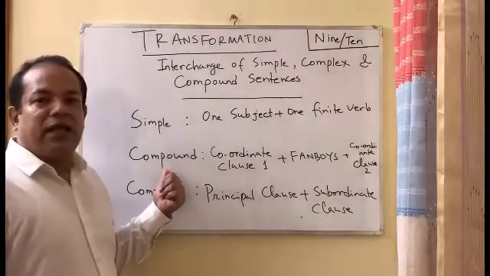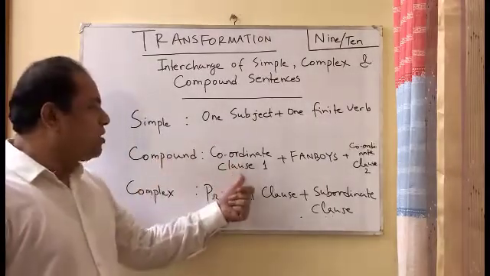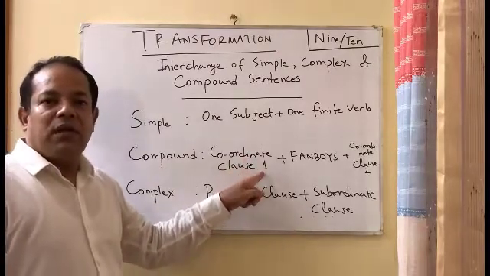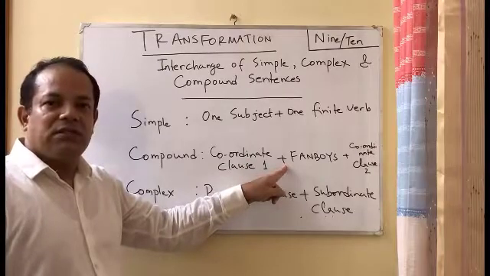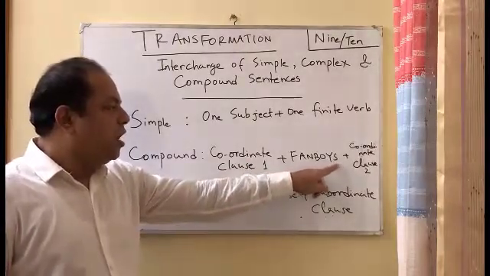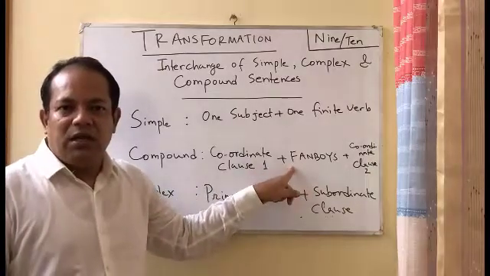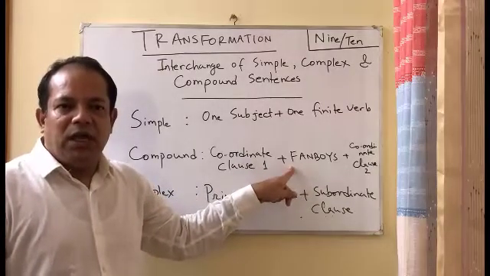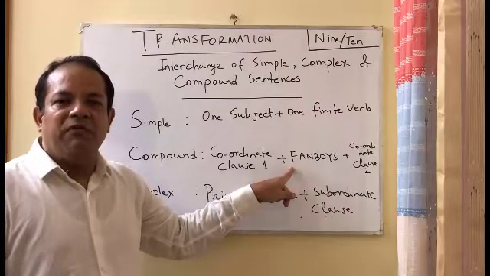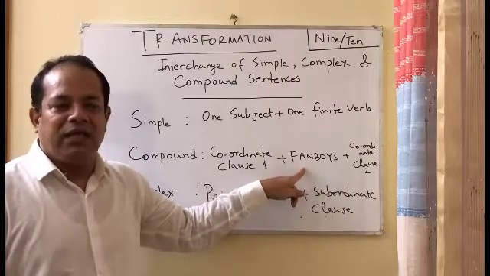And in compound sentence, you will see one coordinate clause, that means coordinate clause 1, plus, I have written here for your better understanding, FANBOYS. If we go for abbreviation for this FANBOYS, it will stand just like it.